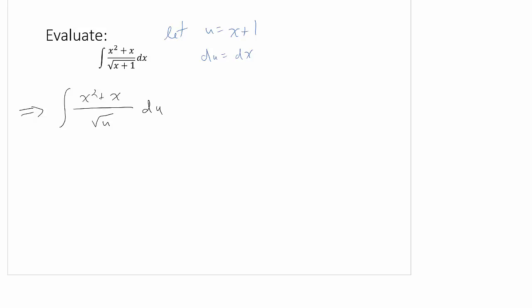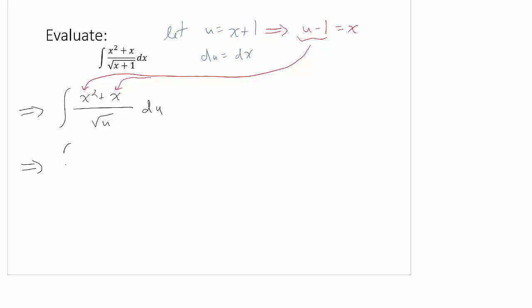And so now what I'll say is, well, if u is x plus 1, this implies then that u minus 1 is x. And so what I can do is take this u minus 1 and use it to replace each of these x's in the numerator of the integrand.